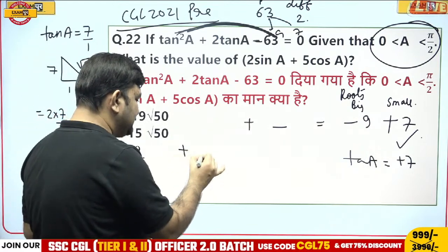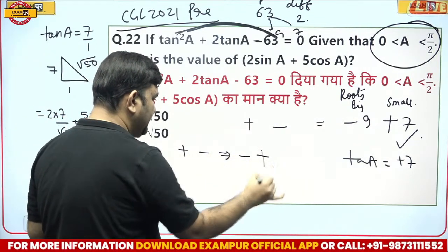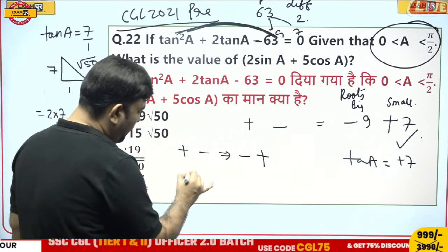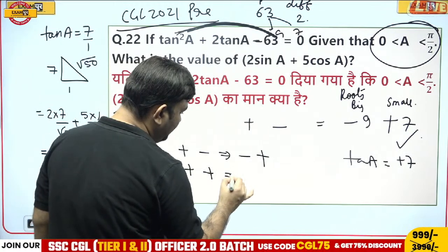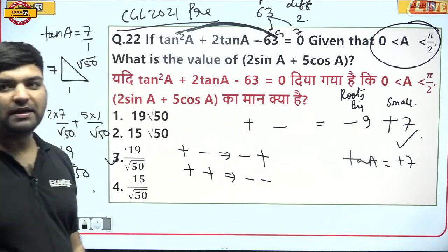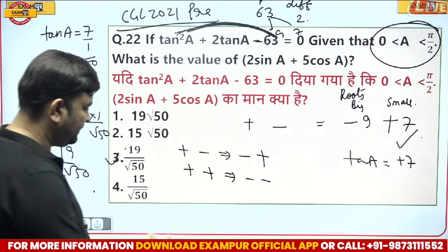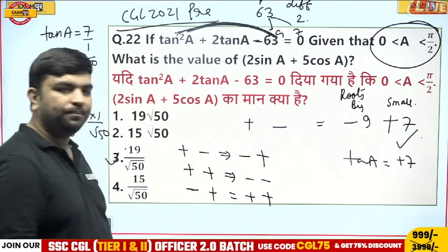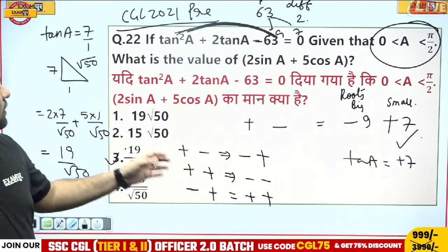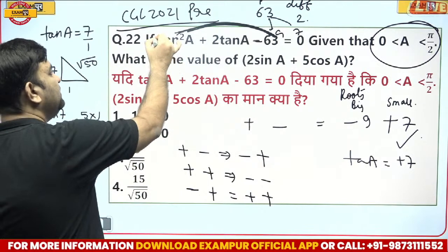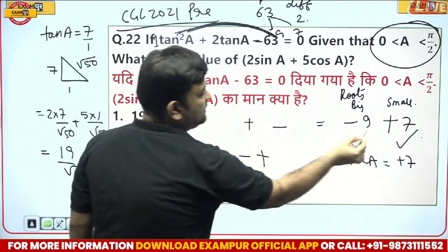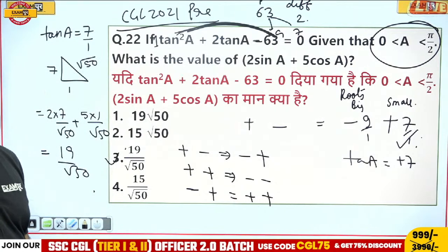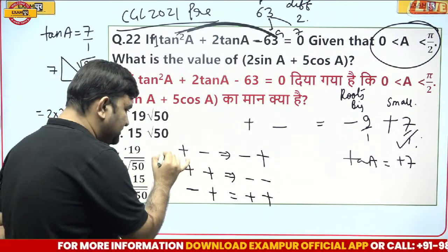For plus and minus, the roots are minus and plus. For plus plus, both roots are negative. For minus and plus, both roots are positive. Here the coefficient of x square is 1, so divide by 1. For minus plus, plus minus.